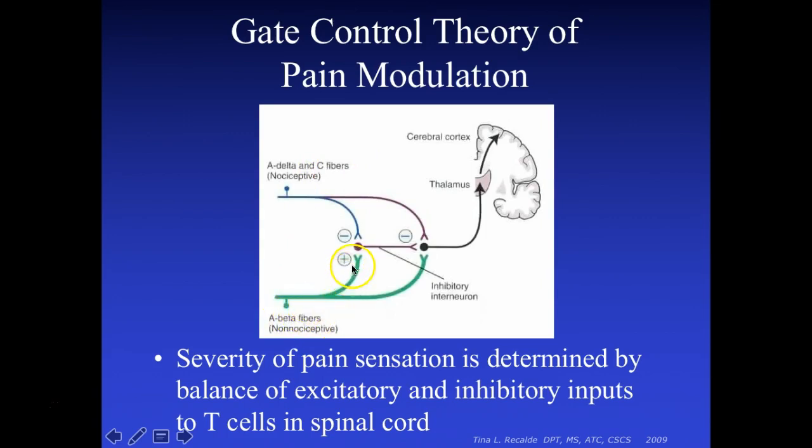So here they go, and they're synapsing, and you have this excitatory neuron going here, and you have an inhibitory neuron going here, and they come up and they synapse into this inhibitory neuron, and then it goes up to the thalamus, and then it goes up to the cerebral cortex.